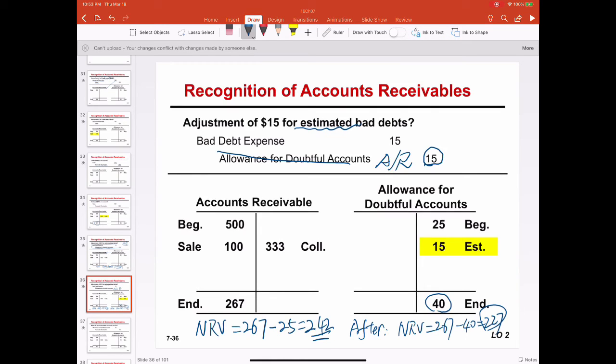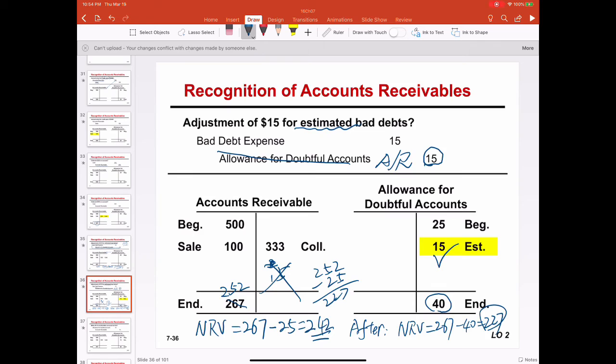Okay, so if we directly credit accounts receivable, we get the same balance. If we credit here 15, the balance will be $252. Then 252 subtract 25 is still 227, right? But we don't do this.